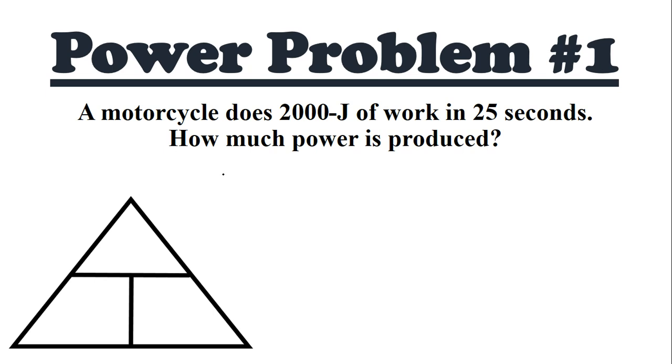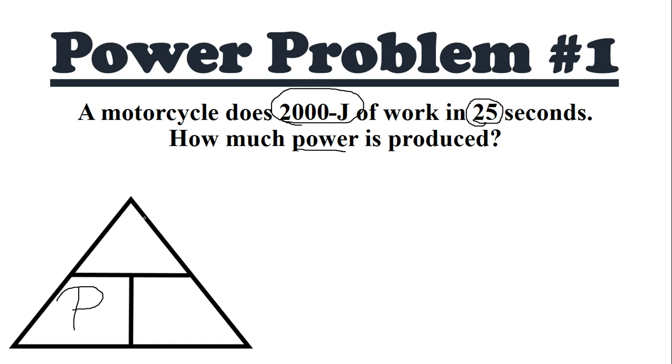All right, so let's look at power. This first question says, if a motorcycle does 2,000 joules of work in 25 seconds, how much power is produced? So we're trying to find power, so we're going to leave P in the problem.